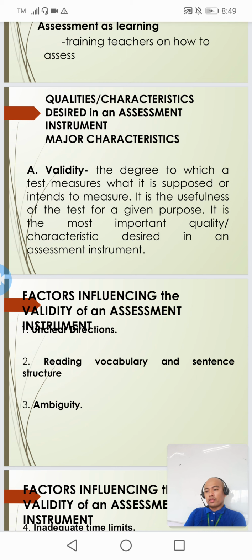If again the result of the correlation analysis gives you a high to very high correlation index, it means there exists a concurrent validity between these two test instruments that you have prepared. Ang ibig sabihin nun, they are similar, all right? They are parallel tests. So in that way, pwede mong gamitin itong dalawang instrument mo. Yung first instrument will serve as your pre-test. Yung second instrument will serve as your post-test.